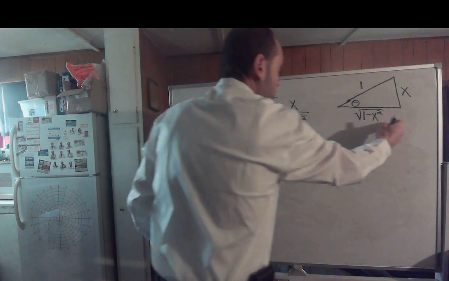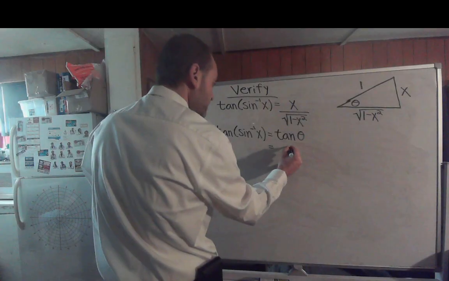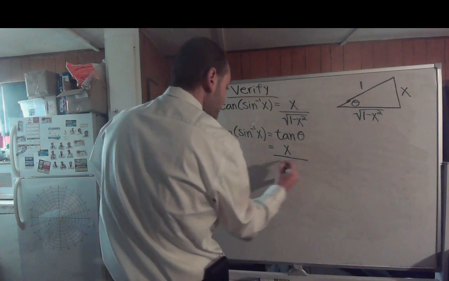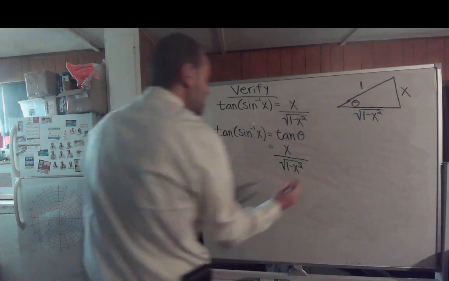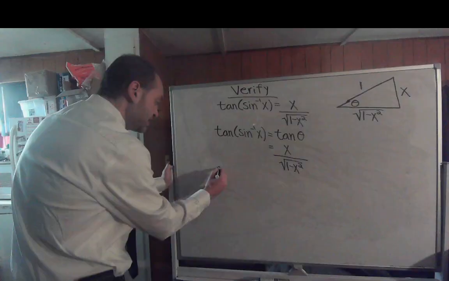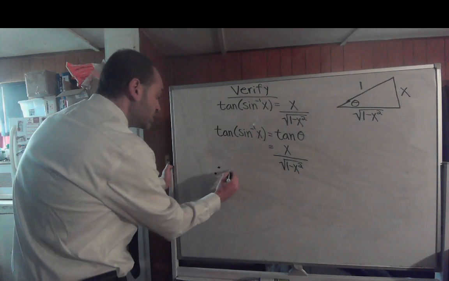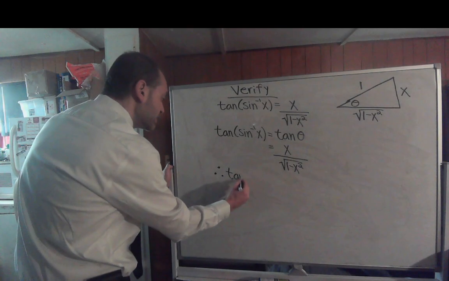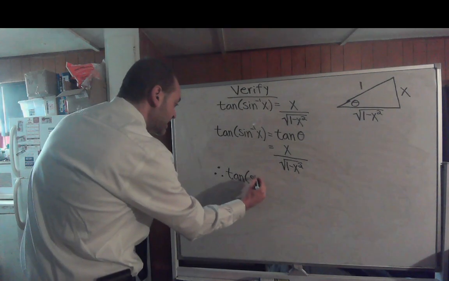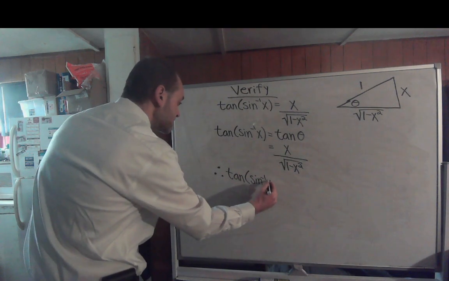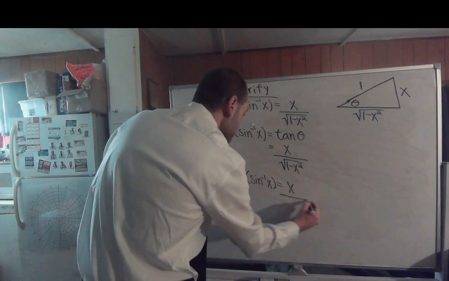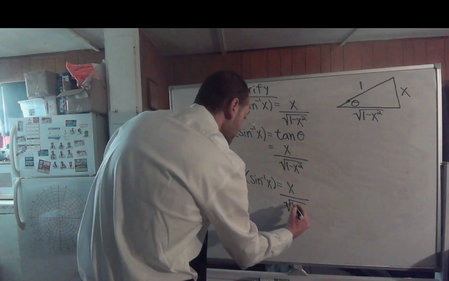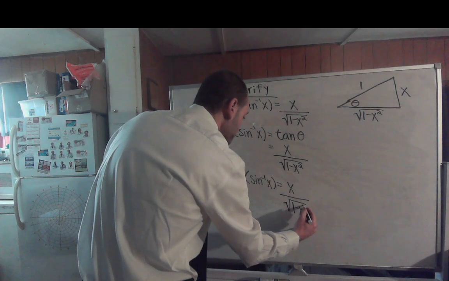So opposite over adjacent, that's going to give you x over the square root of 1 minus x squared. We've just verified the identity. So therefore, we can say that the tangent of the sine inverse of x is equal to x over the square root of 1 minus x squared.